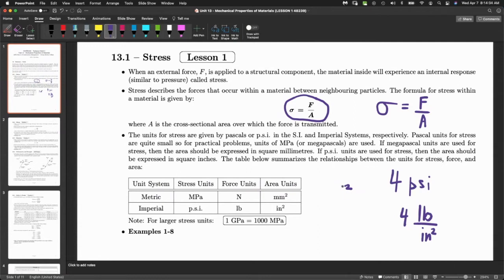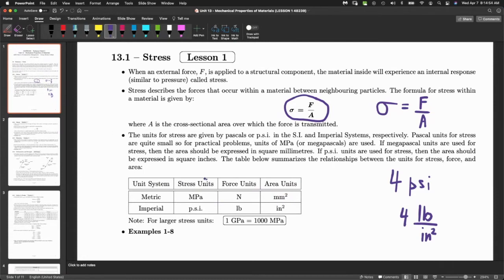So if we're talking about a cross section of a wire or a cable, you're more likely to say it in square millimeters or even square centimeters sometimes, because you want an answer that hopefully can be represented as a whole number instead of just a fraction or something really small.